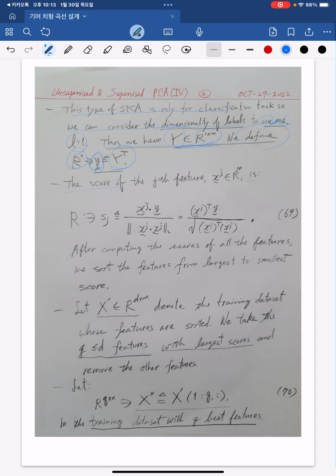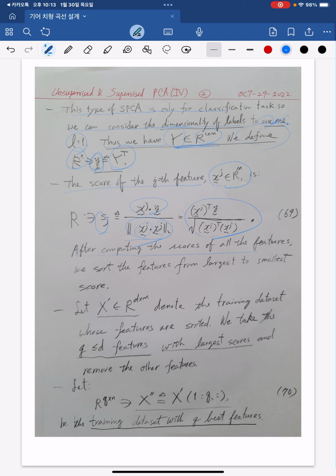The score of the j-th feature, X super J, an n-dimensional vector, is the magnitude of the inner product of X super J and y, expressed through the XY inner product.